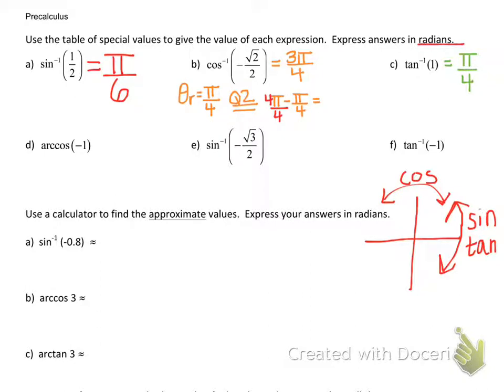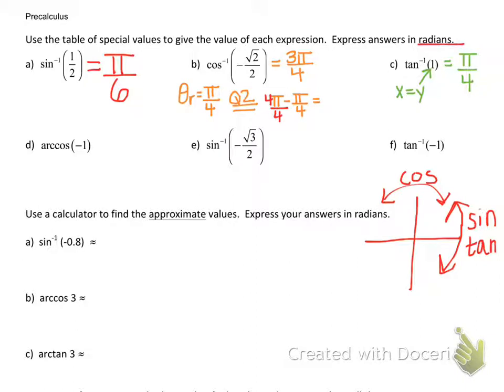It's important to note that we get 1 because tangent is y divided by x, or sine divided by cosine, so that means that x equals y in this case. And when you look at your chart, if you go tangent of 1 and you go to the left under cosine and sine, they're both root 2 over 2. Therefore, they're equal to each other, so that's where we get the tangent of positive 1.